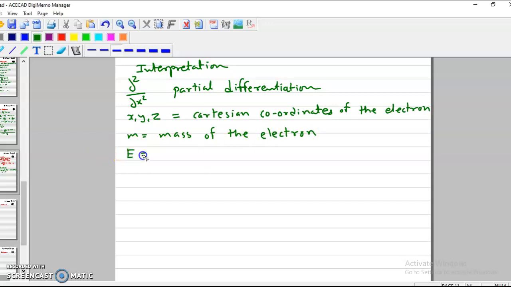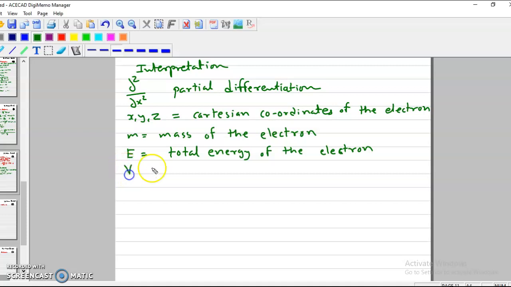Capital E is total energy. That means all kinds of energy of the electron. So all kinds of energy means potential energy, kinetic energy basically, and of course mass.